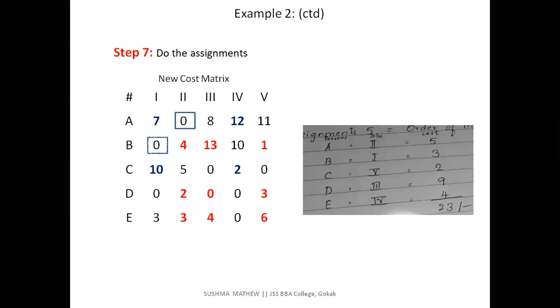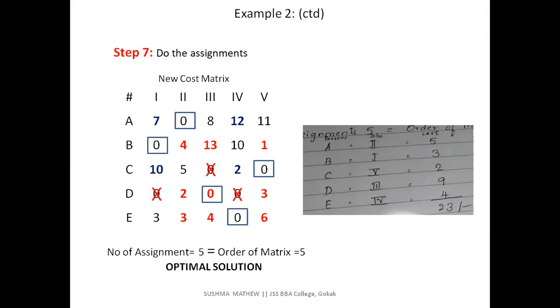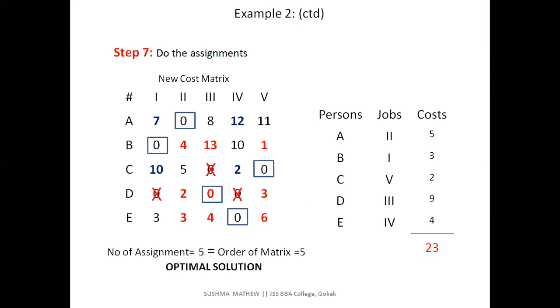I hope all of you have got the values. Yes, ma'am. 5, 3, 2, 9, 4. These are the values from the original problem. So when we do the total, we get the value of 23. Clear? Yes, ma'am. So that we have got an optimal solution.